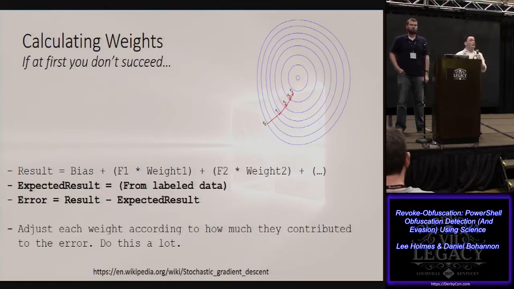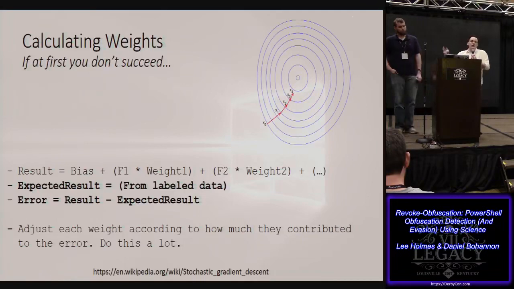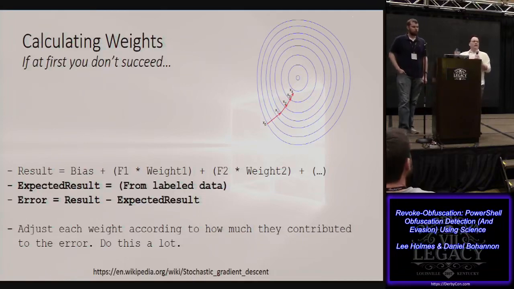And since you know it is or it isn't, if it's wrong, you figure out how wrong it was, and feed back that error into all those weights. And if it was right, you're good. You keep on going. So you do this a lot. This is the benefit of computers over Debo, is that you can do it a lot, run it overnight, whatever, and start to get the computer figuring out what are the ideal weights that take all the stuff that you found in the wild and tell you whether it's obfuscated or not.